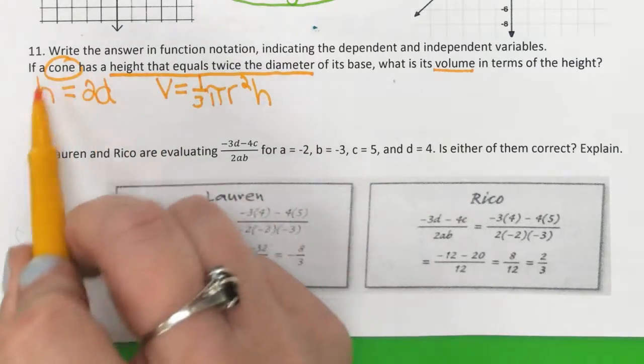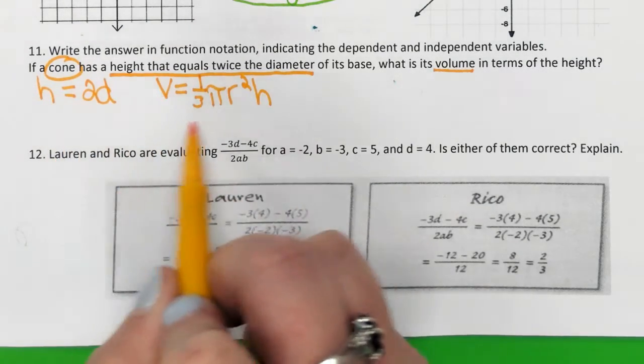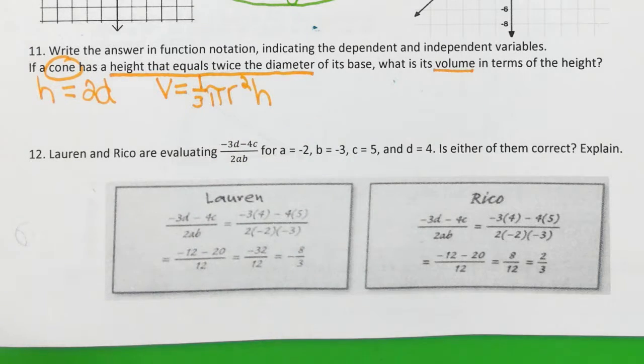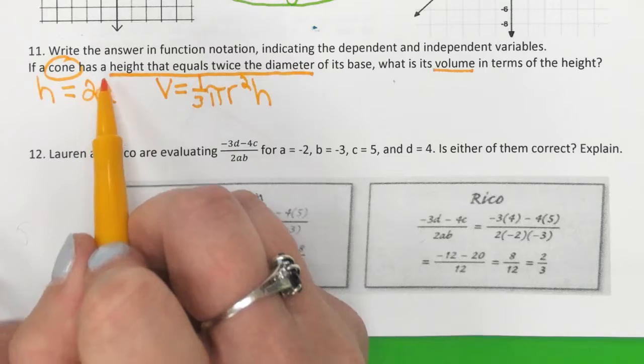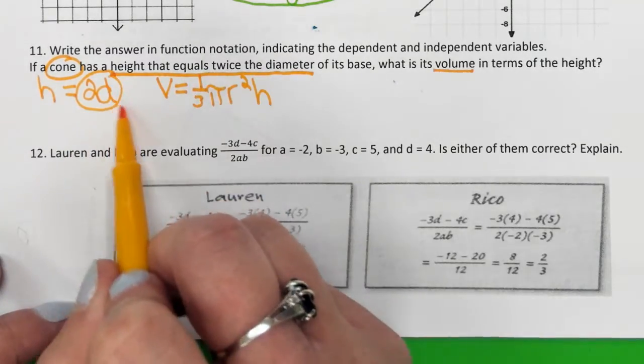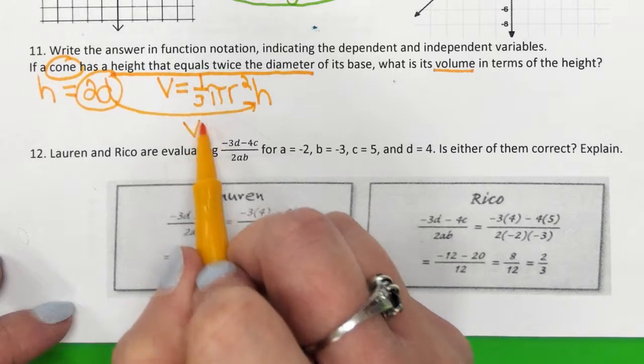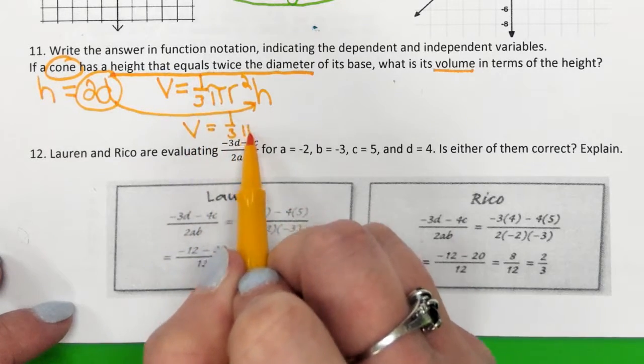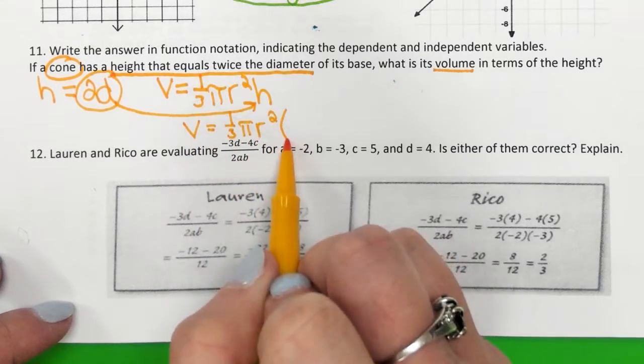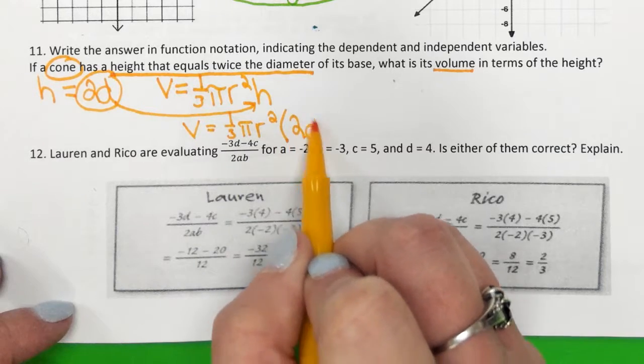Because remember, we have to take this and plug it into here somewhere. The h equals how much? There you go. So I'm going to plug in 2D for the height, right? So I got 1/3 pi r squared, but I'm not going to put h. I'm going to put 2D.